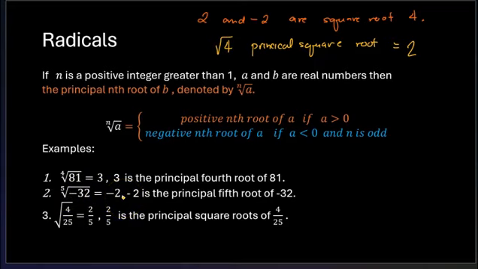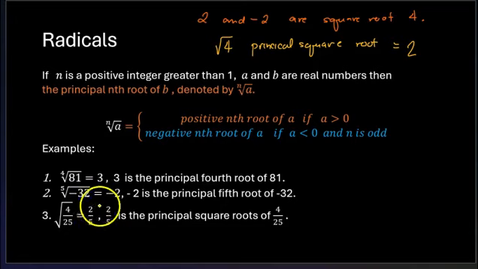It's not possible for us to have a positive fifth root. It will always be a negative answer. And again, here we are looking at the square root of 4 over 25. Since we are looking at a positive number here, we're only considering the positive square root.